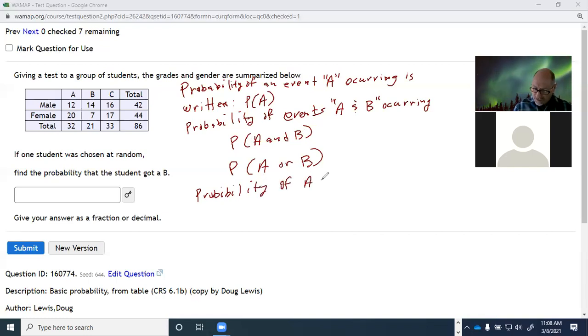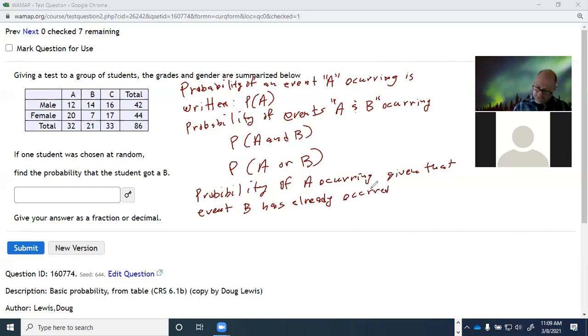of A occurring given that event B has already occurred.